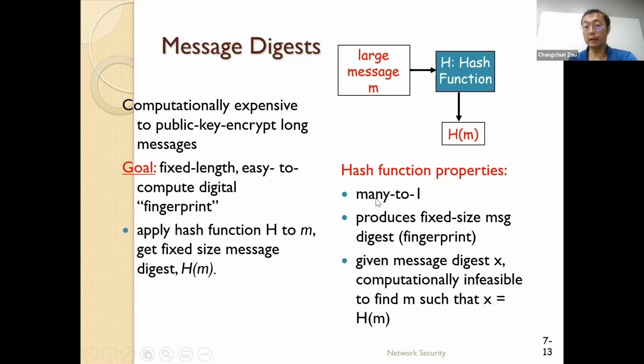So this hash function is a many-to-one mapping. Many-to-one mapping just means that it's possible that two messages generate exactly the same fingerprint or message digest. Like in the human world, it's possible to find two humans that have exactly the same fingerprint, because a fingerprint contains much less information than a whole human body.